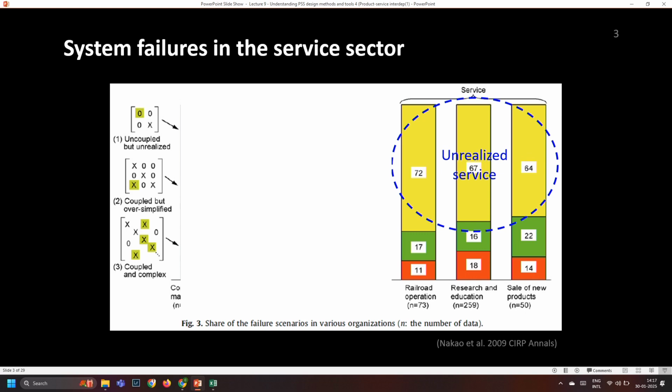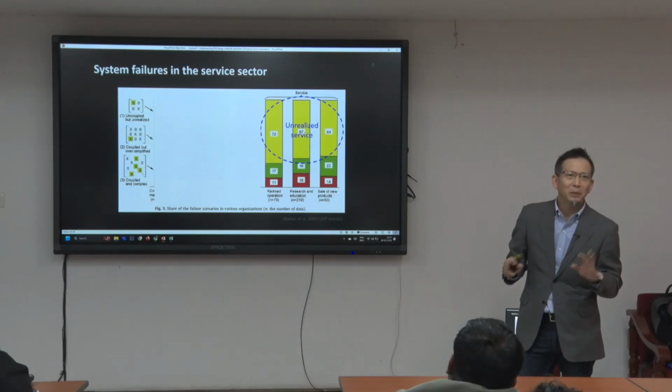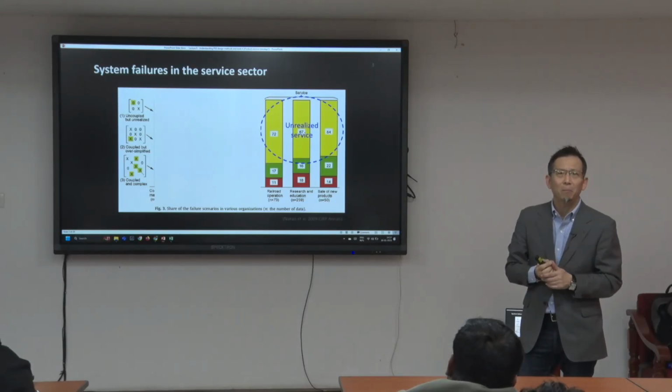But you cannot perform the services in such a way that the customer value is realized, or a certain function is realized. That's the situation where big failures occurred, according to the study. This may sound very stupid, but this is how it is.